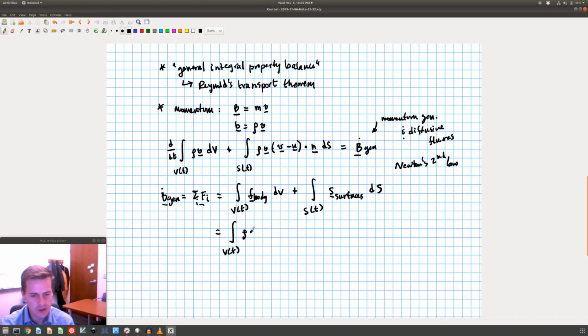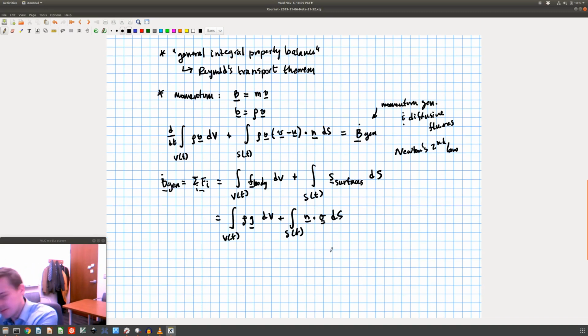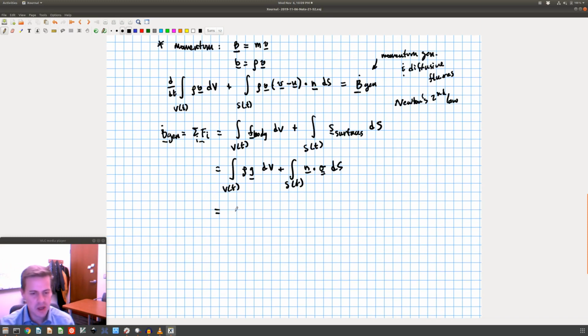My body force is rho g, that's gravitation, and my surface forces are going to be n dot sigma dS, where sigma is my total stress tensor. I can expand that using what I already know about my total stress tensor, which gives an integral over S of minus n p dS plus an integral over S of n dot tau, the viscous stresses, dS.